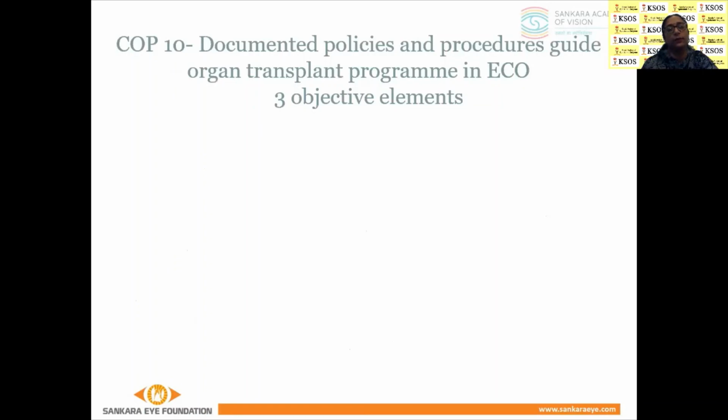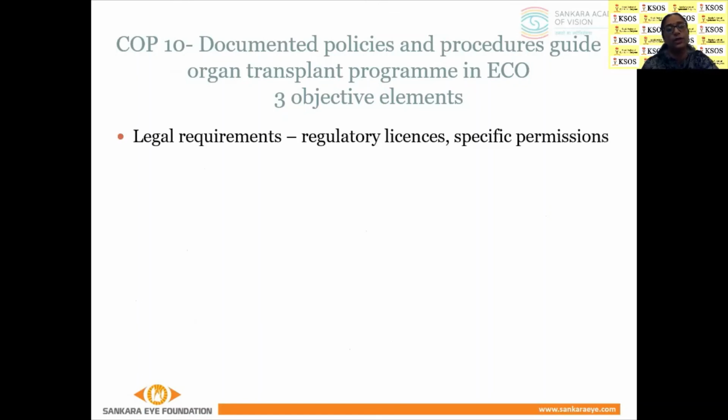Coming to the next chapter, which says that there is a documented policy and procedures that guide the organ transplant in the eye care organization. There are three objective elements. So the eye bank has to follow the legal requirements.